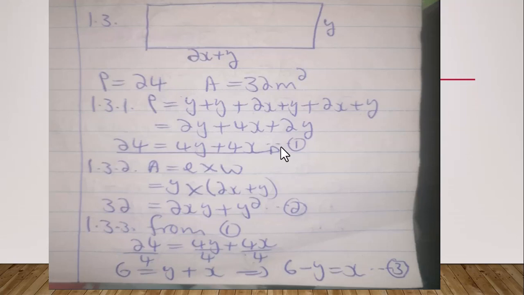That becomes my equation 1, but I could have divided, maybe if possible, throughout by 4 or by 2 just to simplify the equation, but that is fine. I just have that as my equation 1. And then I have proved that the perimeter can be written as 24 equals 4y plus 4x.